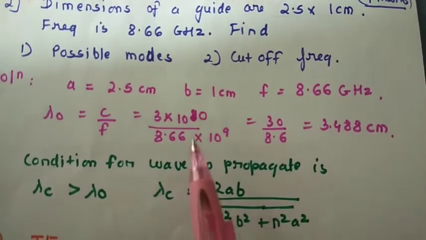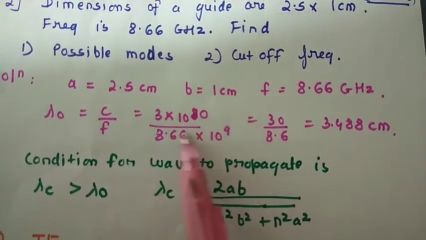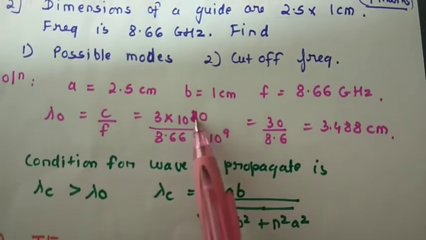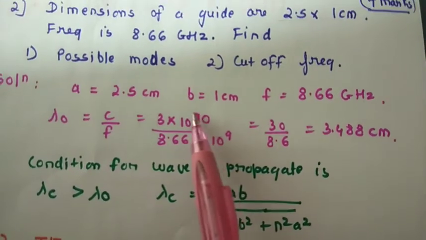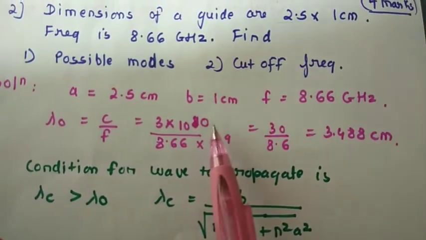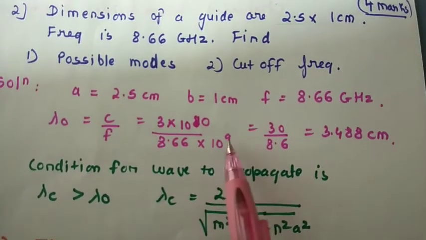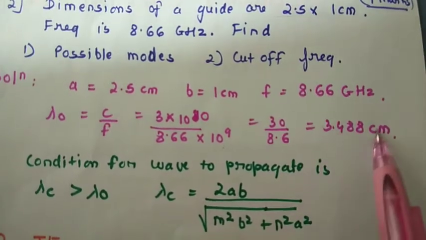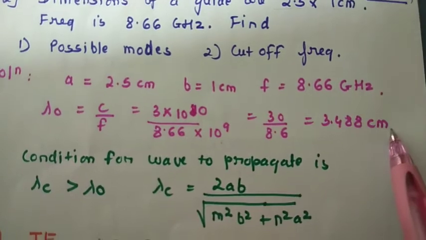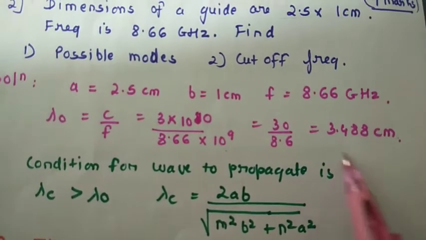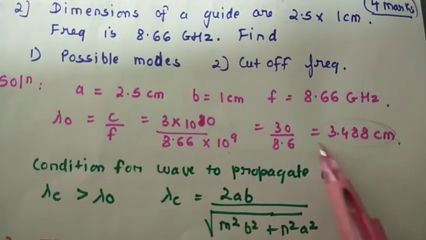But since we are dealing with centimeter here and this is given in meter per second, to convert it into centimeter we have taken it as 3 into 10 raised to power 10 instead of 3 into 10 raised to power 8, and the frequency given is 8.66 gigahertz, so 10 raised to power 9. If you calculate this, it will be 3.488 centimeter.